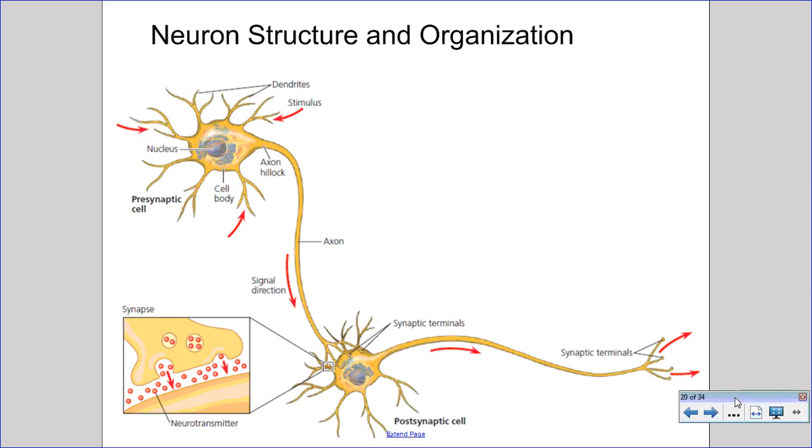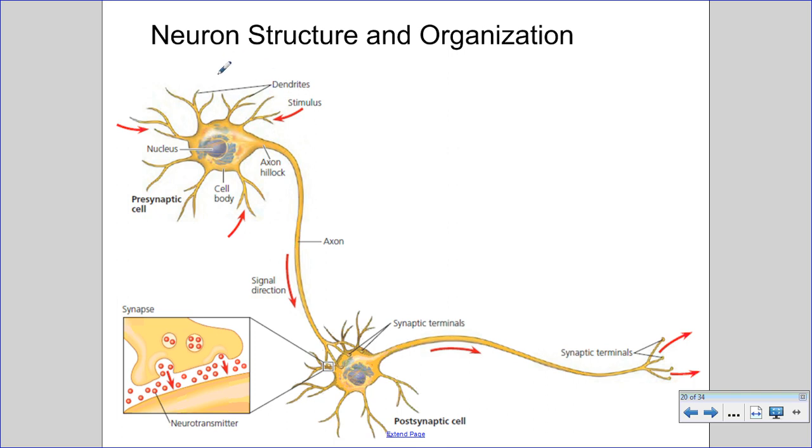So just a quick review of how neurons are specialized to transmit these action potentials. Remember, they have a particular function, so they differentiate to allow for this specialized function. Neurons have a cell body, which looks familiar to you as a cell, with extensions coming off of it called dendrites.